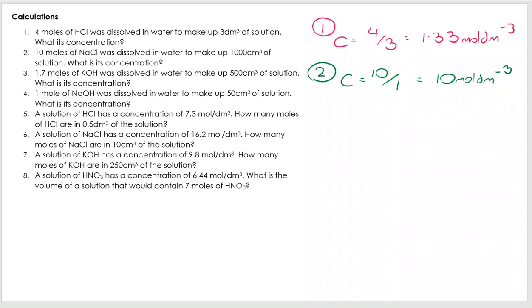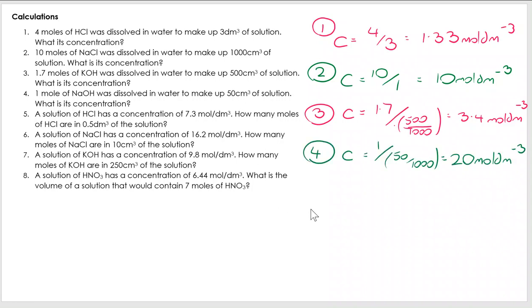On to the next one, I've got 1.7 moles and my volume is 500, so I'm converting it, dividing by 1,000 to get decimetres cubed. 1.7 over 0.5 gives me 3.4 moles per decimetre cubed. And number 4, following a similar pattern but only 50 cm cubed here, 1 divided by 50 over 1,000 gives me 20 moles per decimetre cubed.